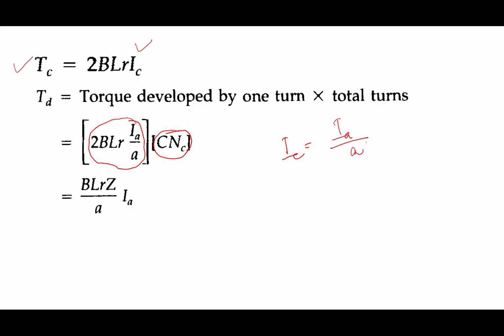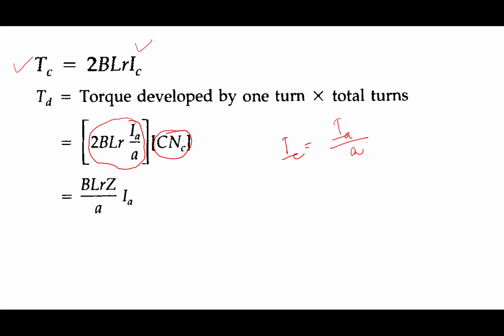Ia is what? Ia is the armature current which we actually see outside, which is coming after the commutator, that is Ia, okay. So Ia is the armature current which in fact at the load side we measure, right? So many of you have experienced today also in the lab how to measure the current.